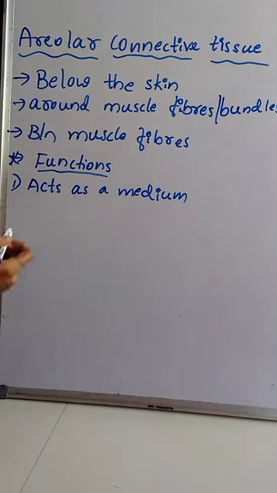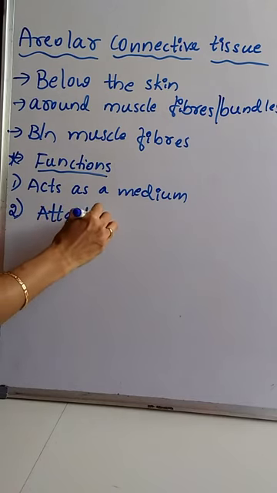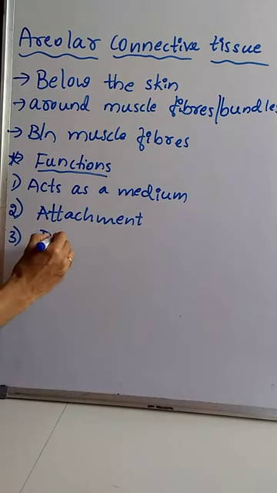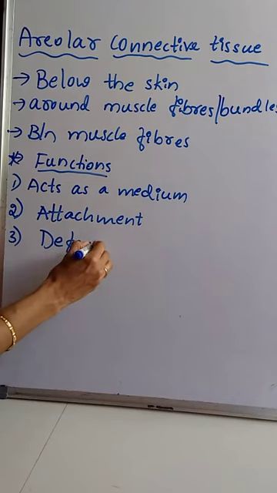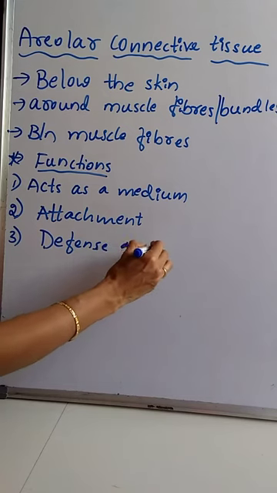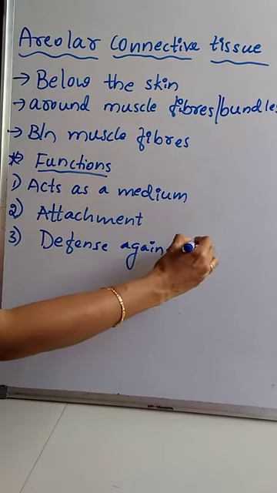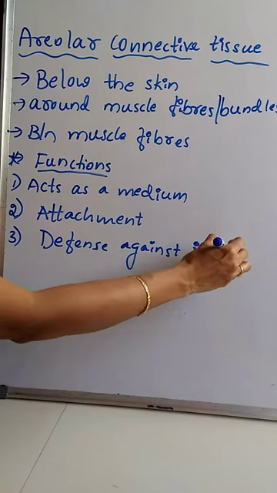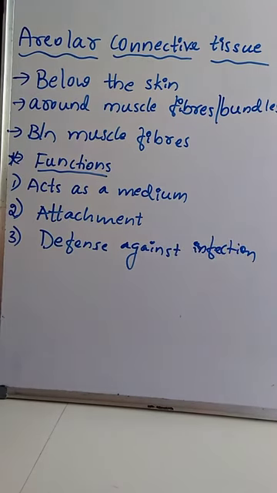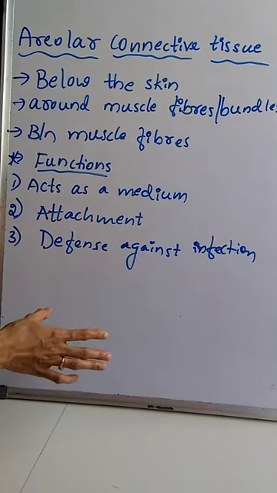Another function is it helps in attachment, and also it helps in defense against infection, or it is involved in the defense mechanism of the body. Defense against infection means protecting the body from disease causing organisms or infection causing microorganisms.